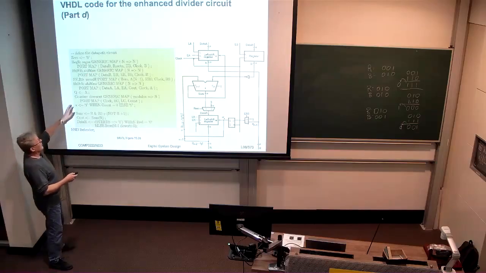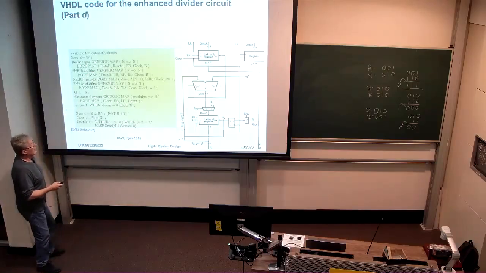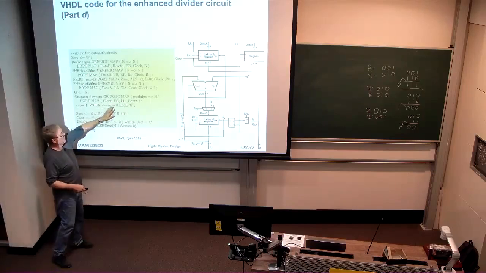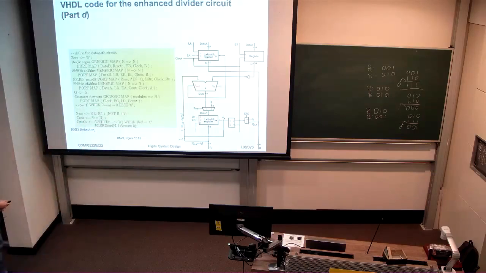Q is just assigned whatever A is. We have our down counter, which isn't depicted here, that gets loaded with N-1 when LC is asserted, otherwise counts down when EC is asserted, and Z is assigned 1 when count is 0, otherwise it's 0.